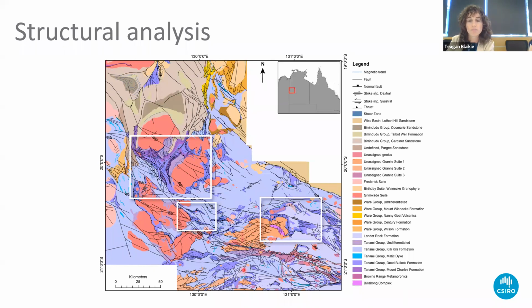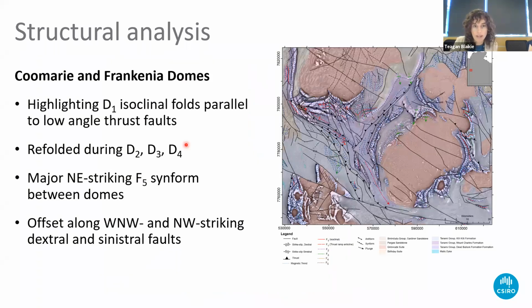So looking in the Kumarian Frankinia Dome area, one of the major structures that we see, or the earliest structures that we can resolve from geophysical data, is characterized by these north-east dipping thrust faults.